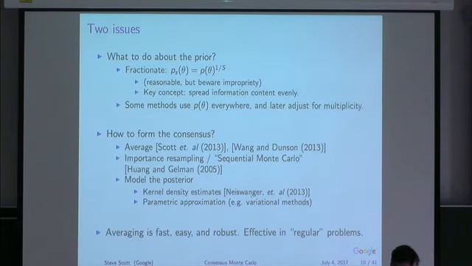One of the earliest ideas for how to do that came from Neiswanger and Xing, and I think there's a middle author named Wang in this paper. What they decided they wanted to do was kernel density estimates. So we'll take the posterior draws from each of the worker machines, we'll do a kernel density estimate, and then we'll multiply the kernel density estimates together.